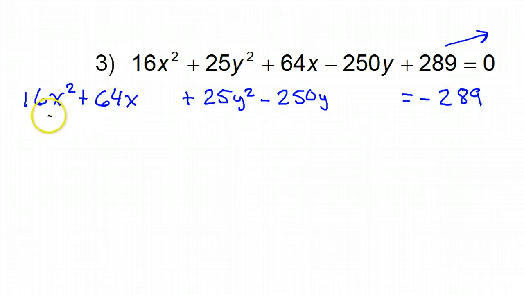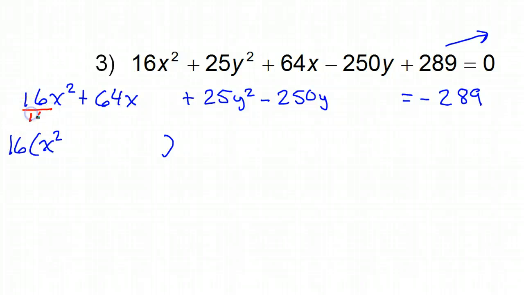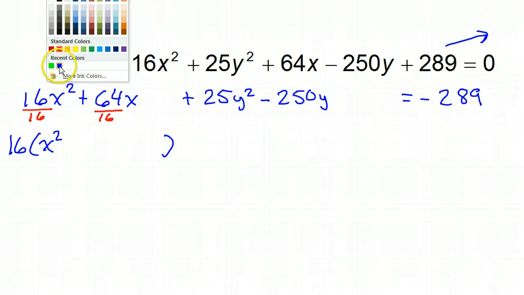Before we can complete the square, we need to factor out this 16 outside of parentheses. So I'm going to have 16 outside the parentheses. Inside, that's going to leave x squared. Now remember, when you factor something out, you're dividing by that thing, and so those would cancel. But 64 divided by 16 is 4.